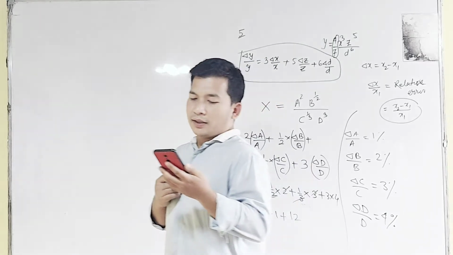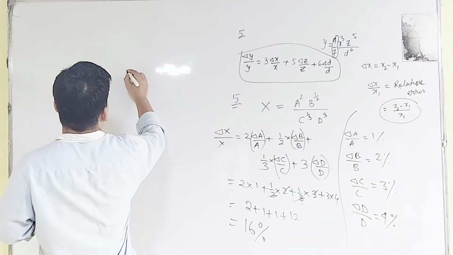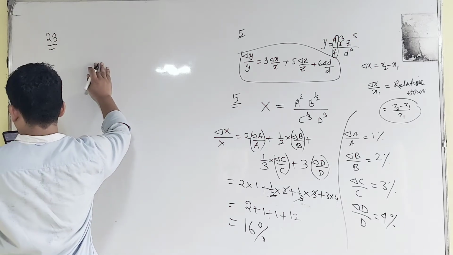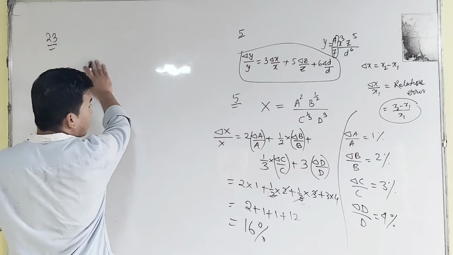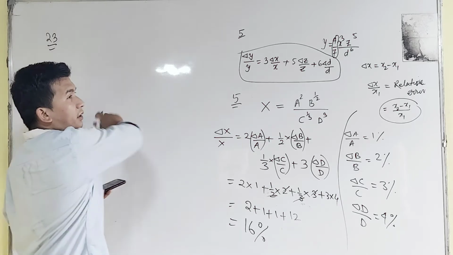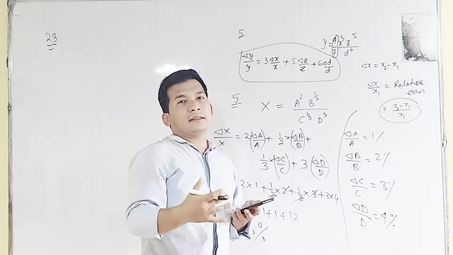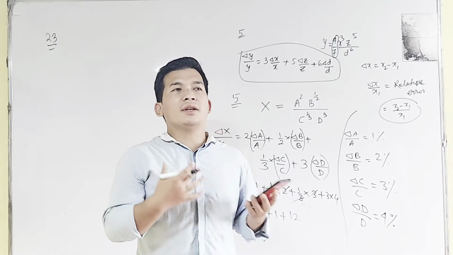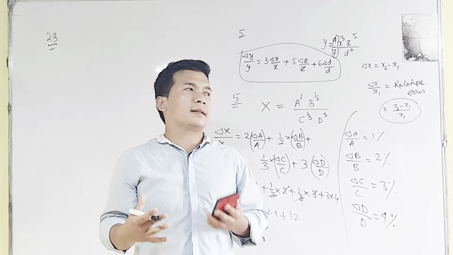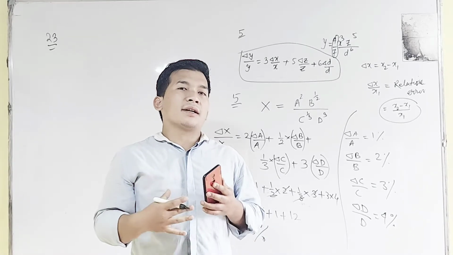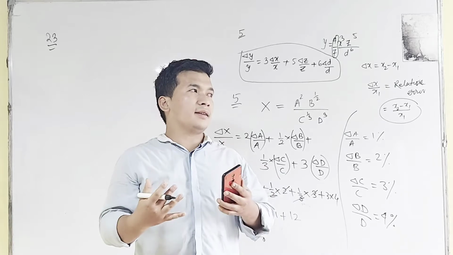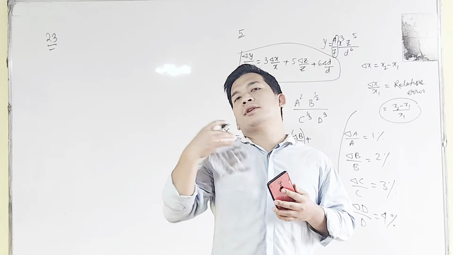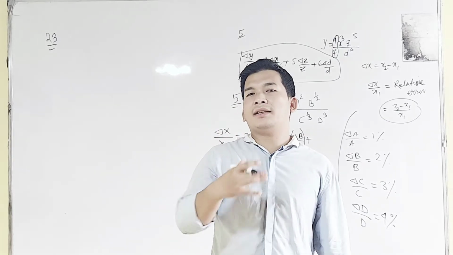You see, question number 23. For this question, G, the gravitational constant, will be in your gravitation chapter. Why is the unit and measurement chapter very important? Because this chapter can be asked as an applied question, based on your class 12 or class 11 syllabus.